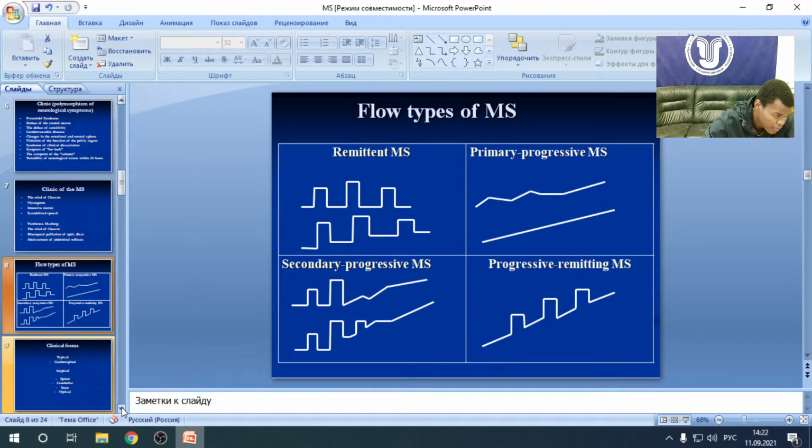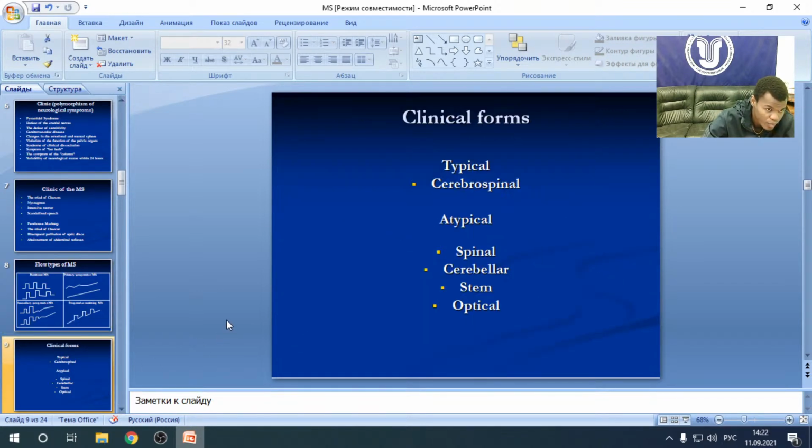Clinical forms of MS. You have the typical form, which is cerebrospinal. Also, you have the atypical forms: spinal, cerebral, stem, or optical. So you have two types, typical and atypical.